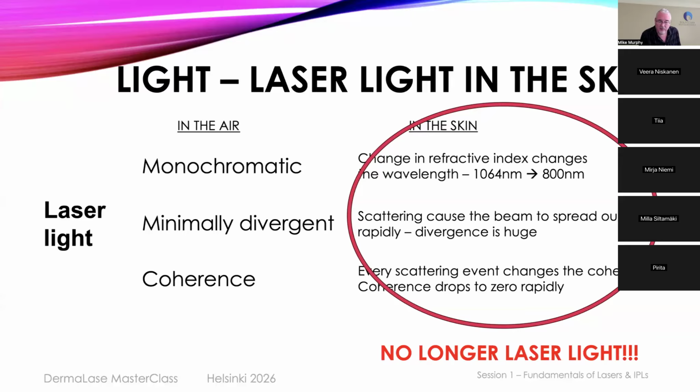It's no longer minimally divergent because it's going all over the place, and it's no longer coherent because it's scattering everywhere. So my argument has always been the case that once that laser light enters the skin, it is no longer laser light. It's just light of a particular wavelength, but it's kind of like ordinary IPL light or sunlight or whatever other source of light. It's not laser anymore. Even when it comes out of the skin, you can't even call that laser, even though it goes back to its correct wavelength, because it's going to be scattering in all directions when it leaves the skin surface.